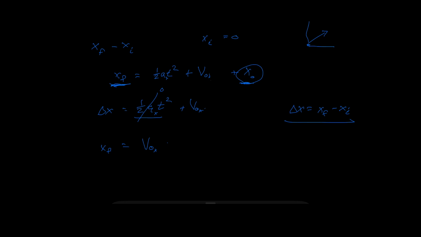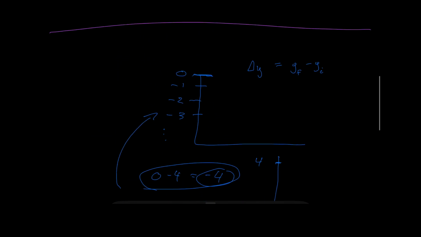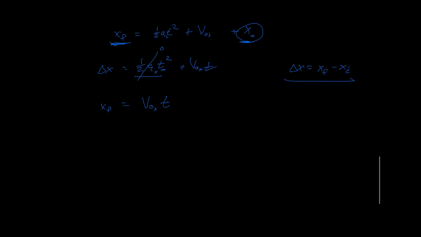Because it's not in terms of x, it's in terms of t in our equation. So v naught x times t. And what was our v naught x? We wrote it up there, but it is cosine theta times our v naught, times this t value. So this is our x final.